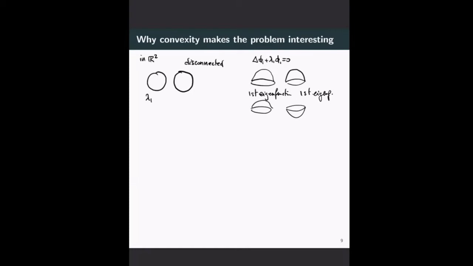Now, what happens if it's a connected domain? Disconnected is really not that interesting because the second eigenvalue is exactly the same as the first eigenvalue. You just flip the eigenfunction on one of them.